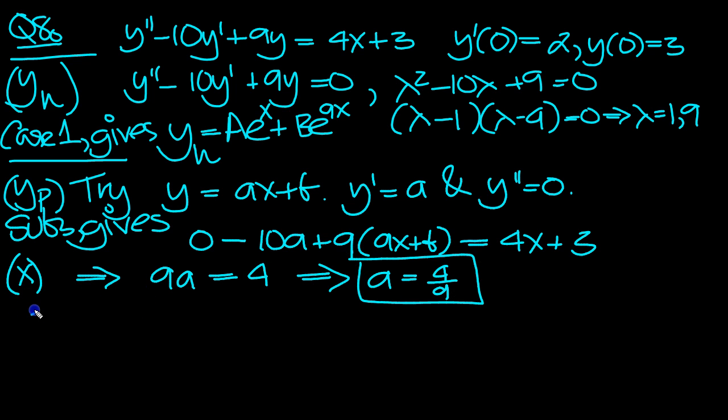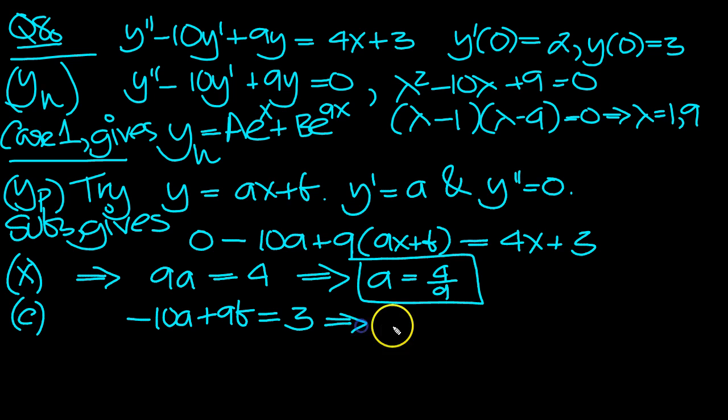And now let's look at the constants, or when x is 0, minus 10a, and then we've got plus 9b is equal to 3. So that tells us then that 9b is equal to 3 plus 10a. 10a is 4/9, so it's 10 times 4/9.